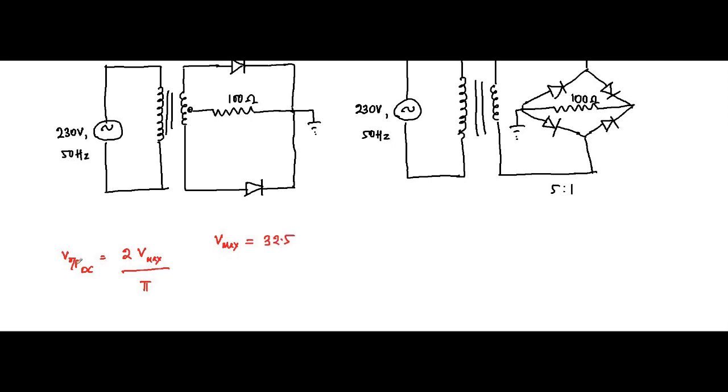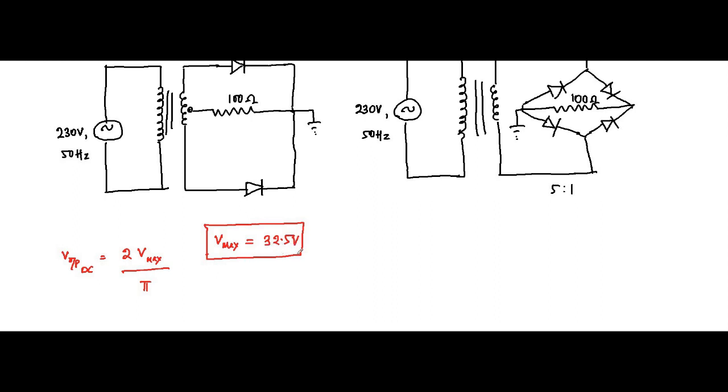So this expression 2V max by pi is the same for both center tapped and bridge type full wave rectifier. So the output DC will be the same when for both of these circuits the maximum voltage to which the diode is subjected is 32.5 volt.